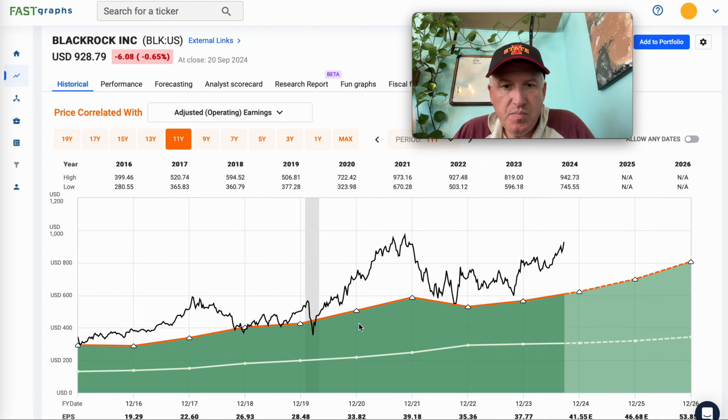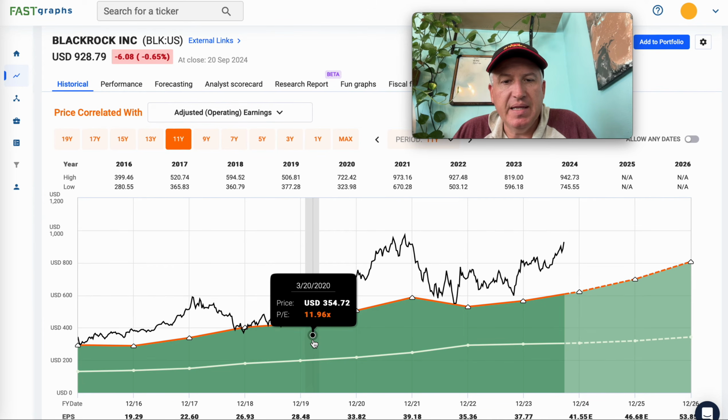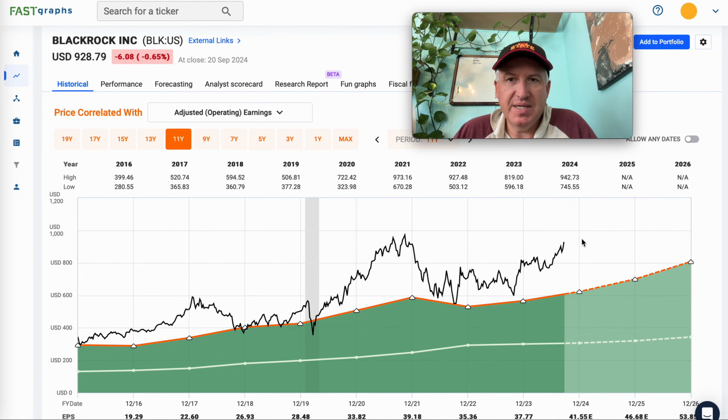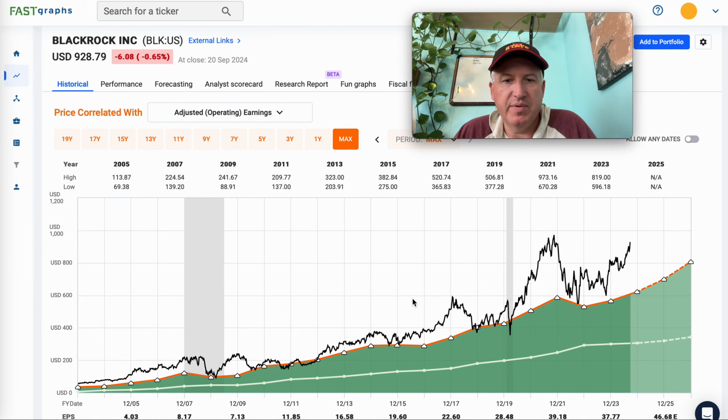But if you look at the PE, it traded down at a 12 PE, right? Back just in 2020, not like an extended recession. That was a very brief crash. And right now we're at a PE that's almost double that. So you would think, okay, that's reasonable that the stock price could fall that much if there's another recession, right?